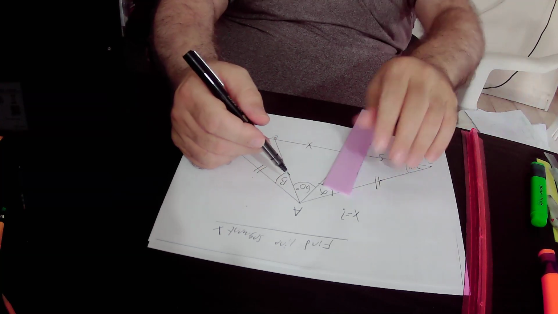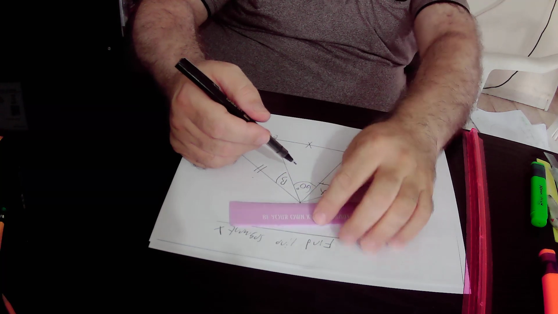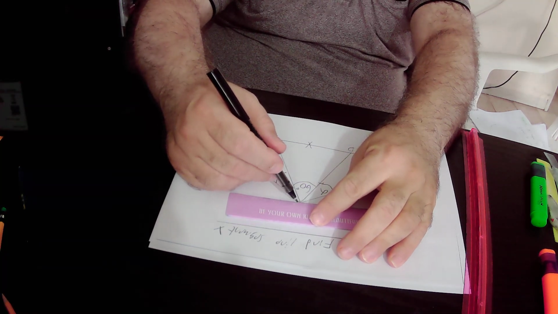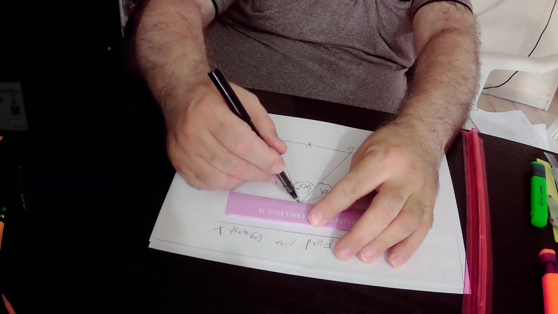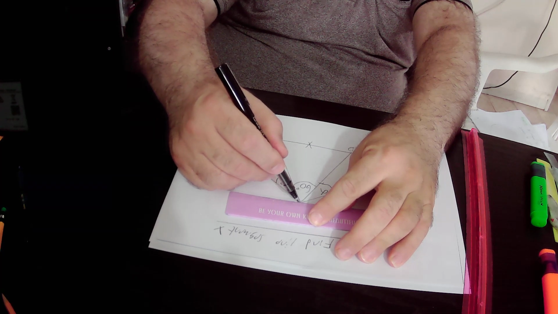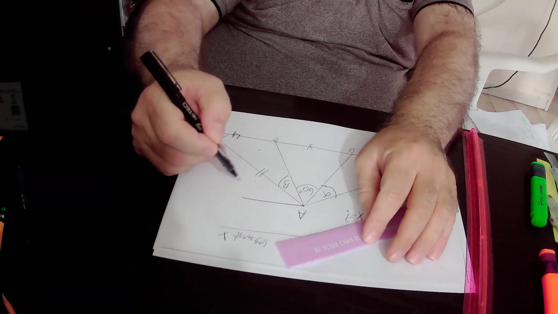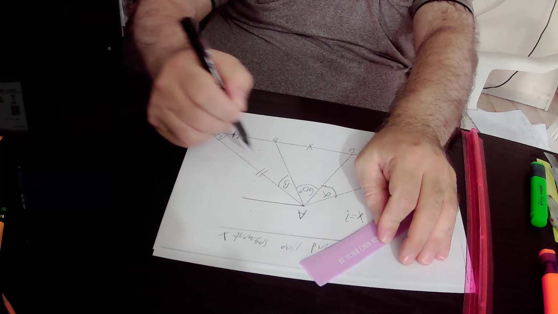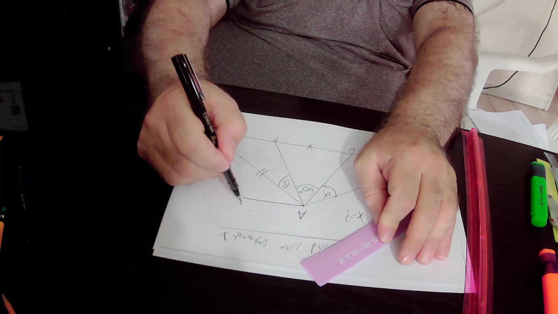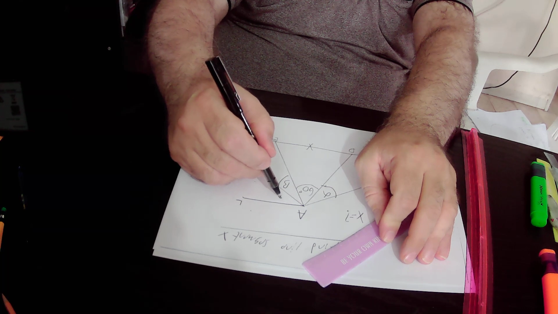So in point A, we draw the straight line in such a way that angle CAL is equal to alpha.